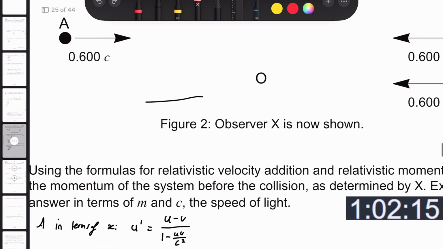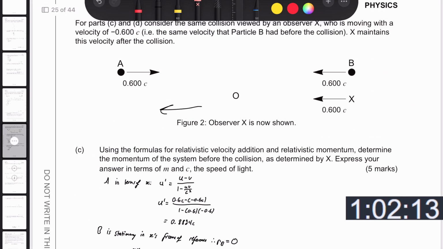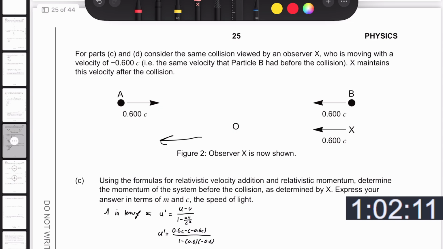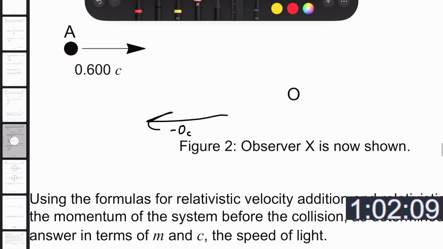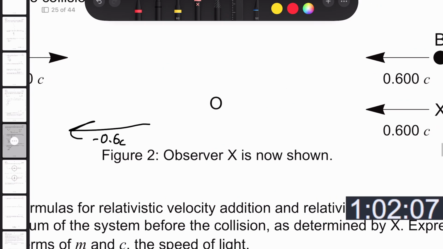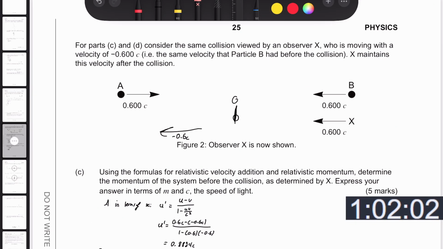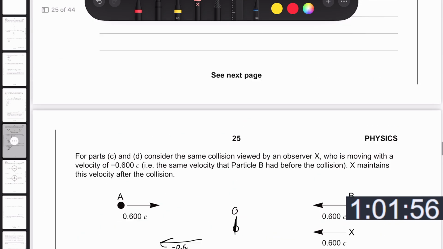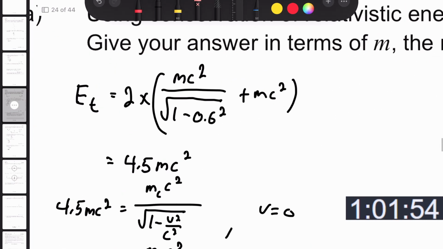So after the collision, x is moving at negative 0.6c, and then this is stationary at 0. Is this mass here wrong?